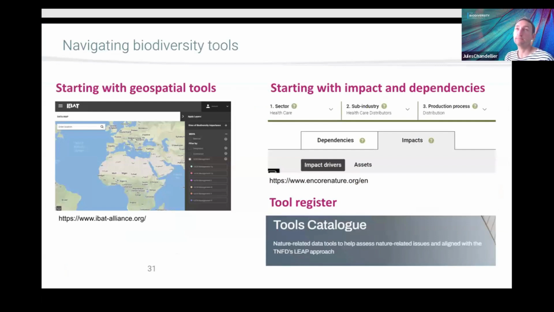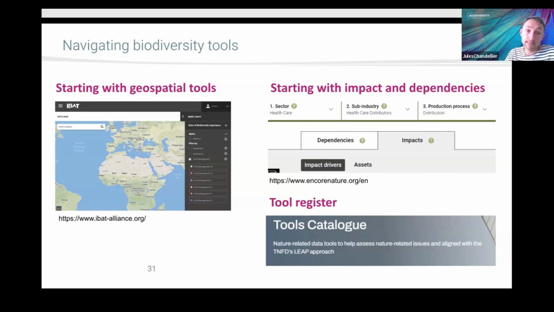Yes, so navigating biodiversity tools. Today I've been talking a lot about looking at the local level, but also assessing your impact and dependencies. There are a lot of tools out there today. One good tool to start with, if you have local areas where your company or your suppliers produce, is to have a look at the importance of this area for biodiversity.